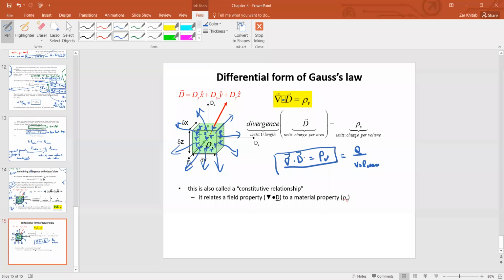How much D is moving out or moving into that volume is the divergence of D. Divergence D means how much field, how much psi electric flux is moving out or moving into a volume. This is the first Maxwell equation. Is this clear now? Previously, it was just psi equals q. There was no information about the space. Are you getting the point?